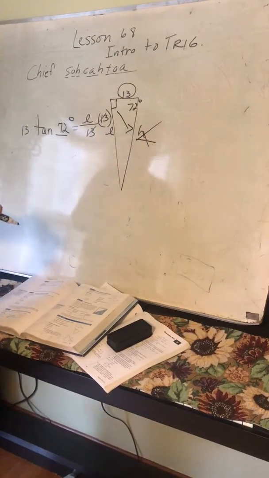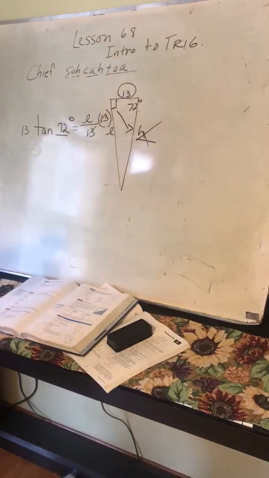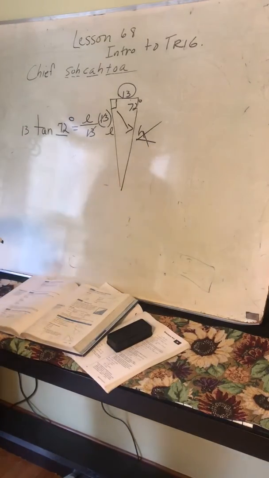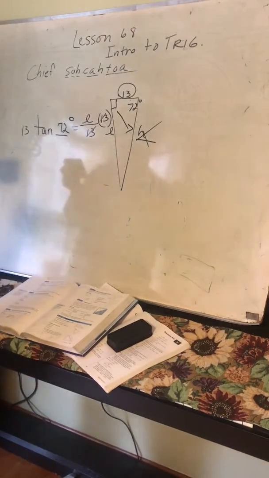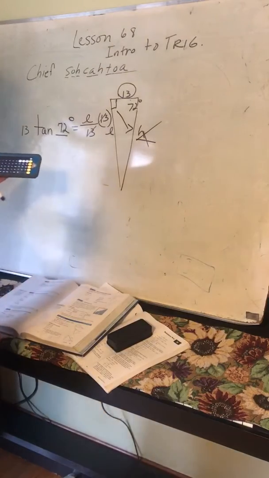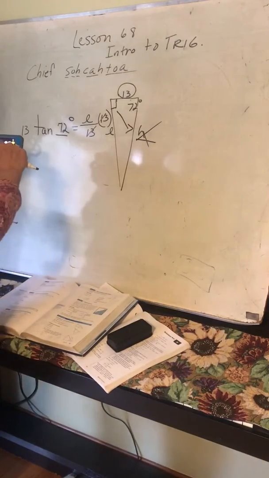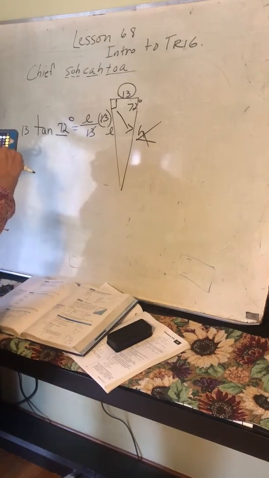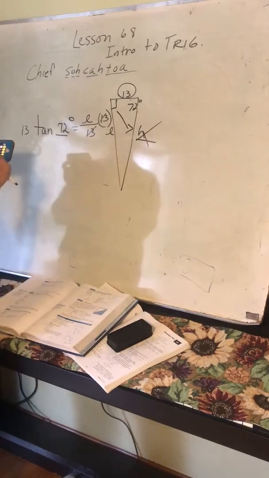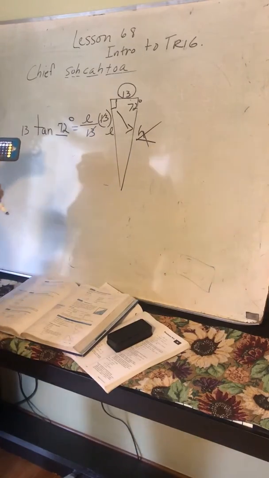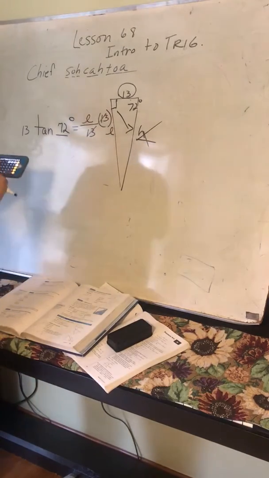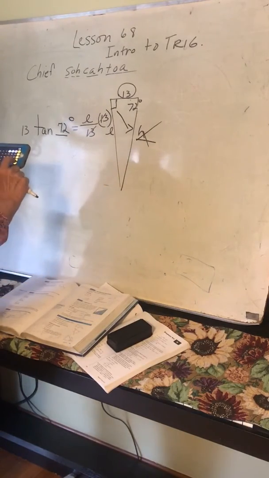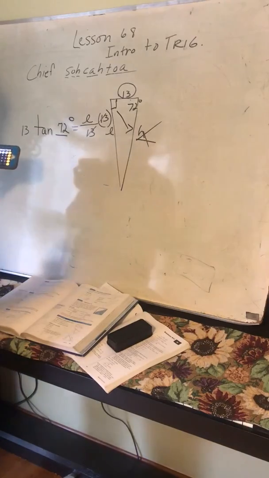Now, the key is, let's get our calculators out. On my calculator, and you'll probably have to play around with yours, I'm going to put in 72 first, and then the tan, and then I'm going to times it by 13, and then hit equals.